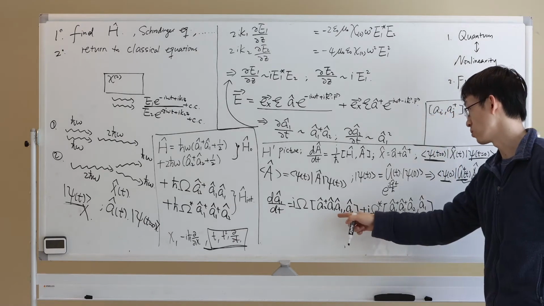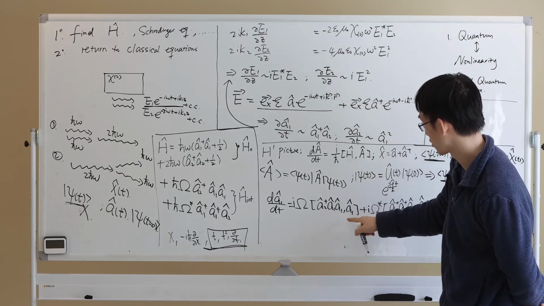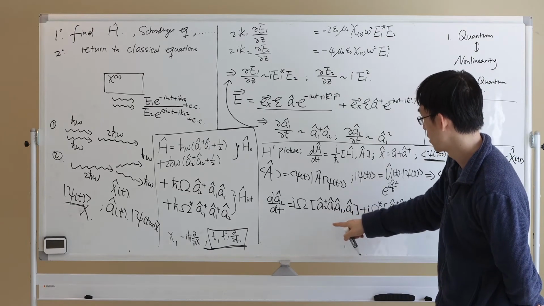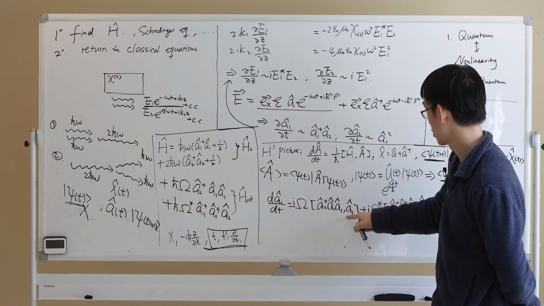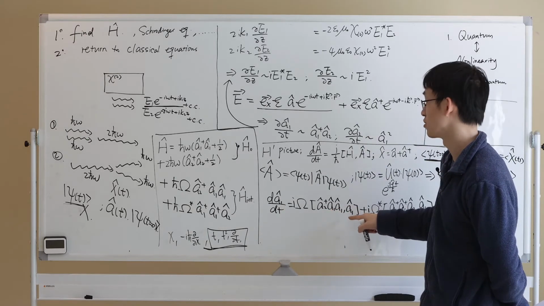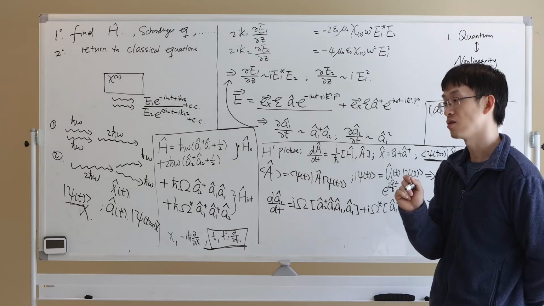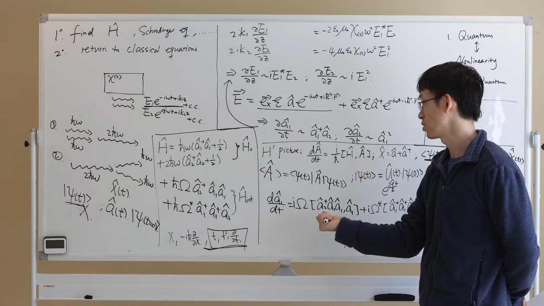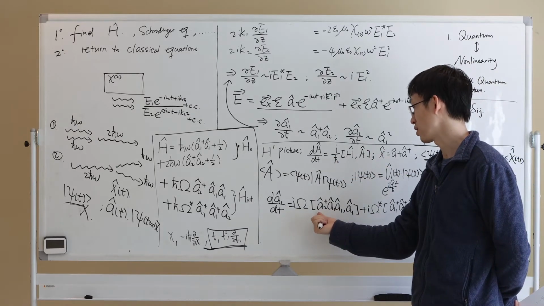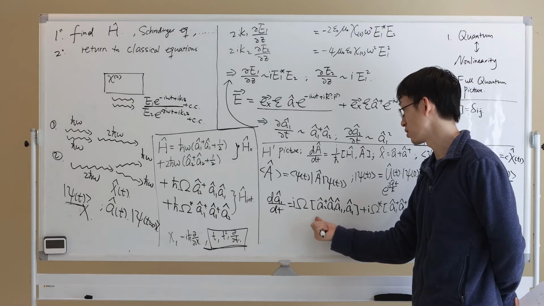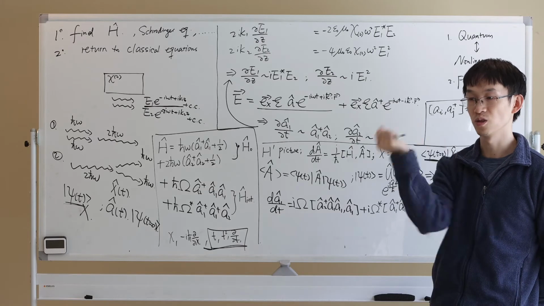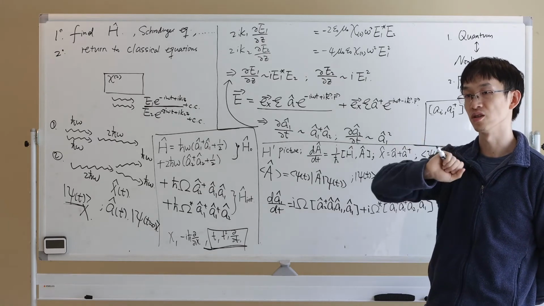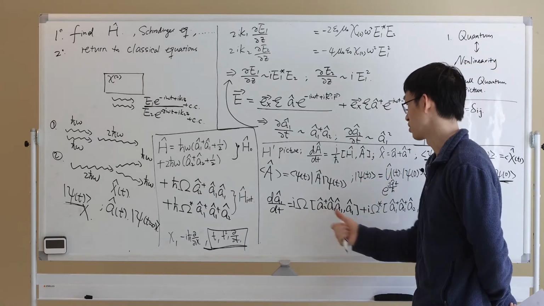For example, A2 commutation with A1 is always 0. What it means is that you can treat A2 dagger as a number here and move it wherever you want, because whenever you move it, you switch the order between A1 and A2. It doesn't change anything, so you can treat this as a number.